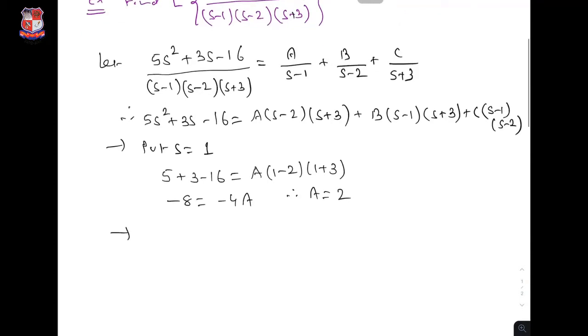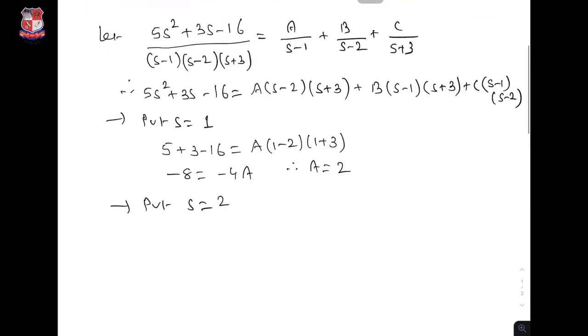Similarly, we can find out B also. Now here we want to find out B, so if I take s equal to 2, then we can find B. So put s equal to 2.